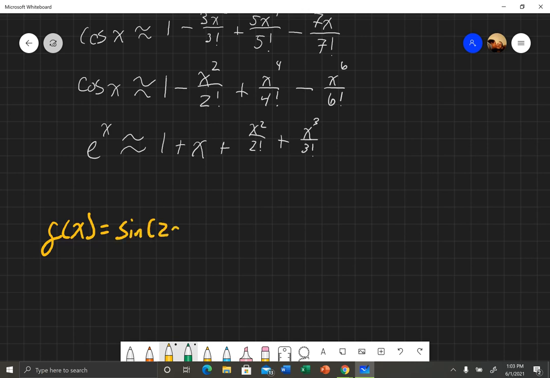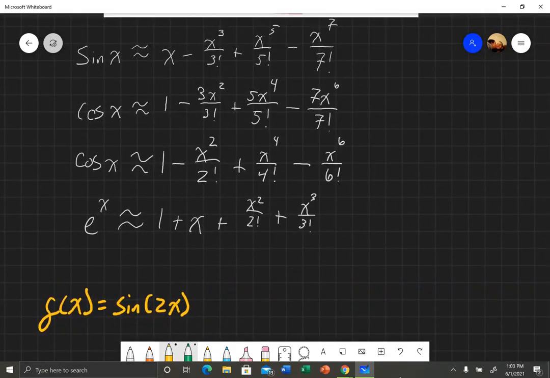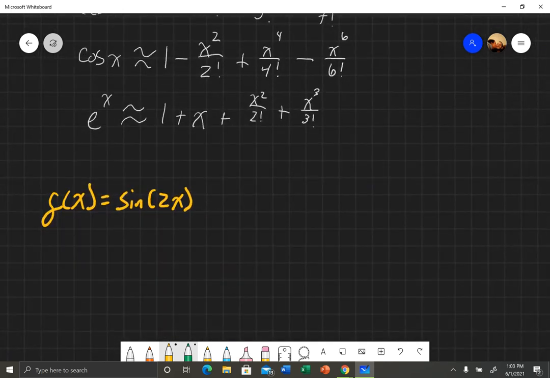Sine 2x. If we take what we had, which is sine of x is approximately x minus x cubed over 3 factorial, this first little bit, and we multiply the x's by 2x, we could substitute in.